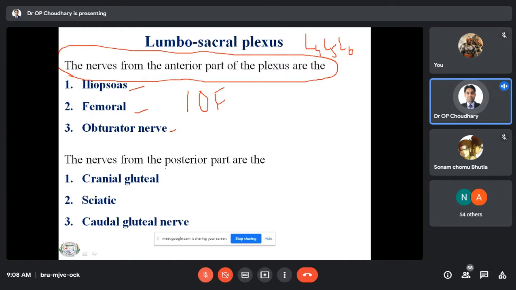Then the nerves from the posterior part of the lumbosacral plexus are the cranial gluteal, sciatic, and caudal gluteal nerve. So these are the 6 nerves that originate from the lumbosacral plexus. From the anterior part there are 3 nerves, and from the posterior part there are also 3 nerves.